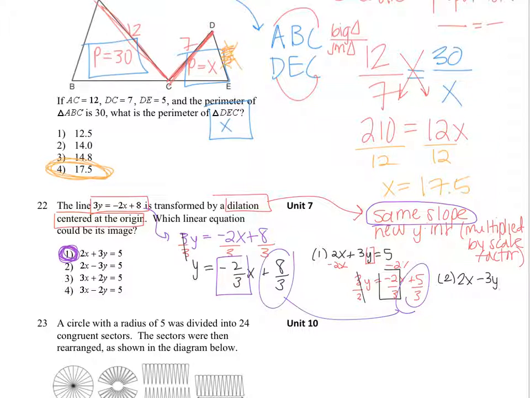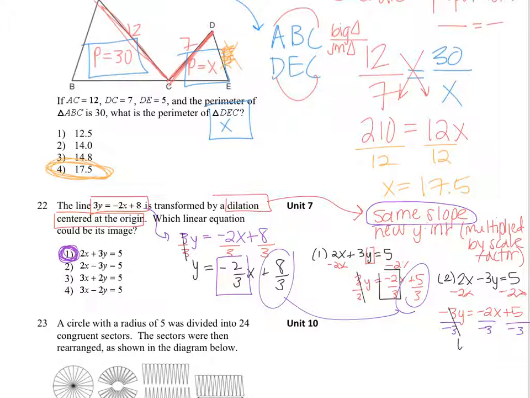2x minus 3y equals 5. So I'm subtracting away 2x again. And we have negative 3y equals negative 2x plus 5. I divide by negative 3.